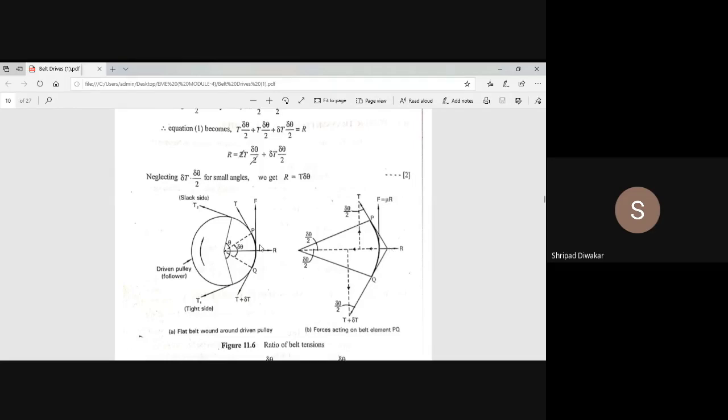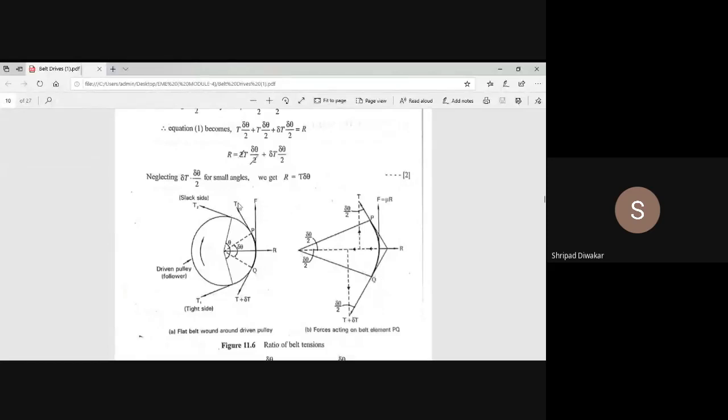Instead of writing delta theta, we are going to split it into two parts, delta theta by 2 and delta theta by 2. So this is the angle subtended by the element. This is the entire view, and here we are going to consider PQ. Same thing, we extended. PQ is this one, P and Q. Rewriting the diagram, it is just the extended form of your element PQ.